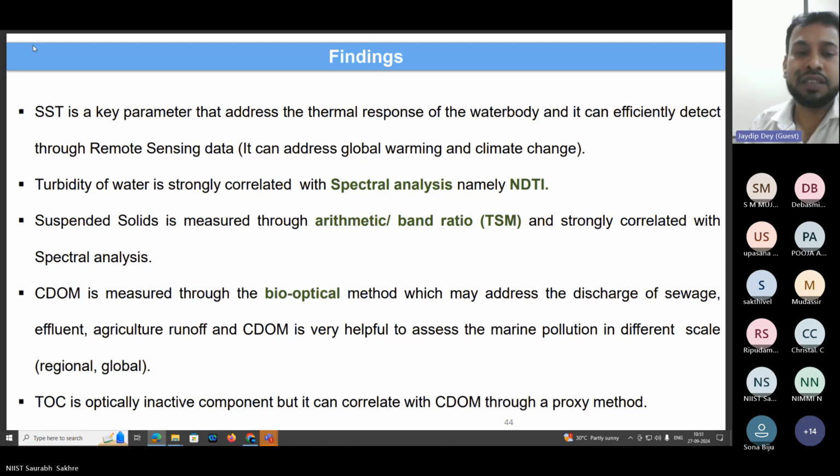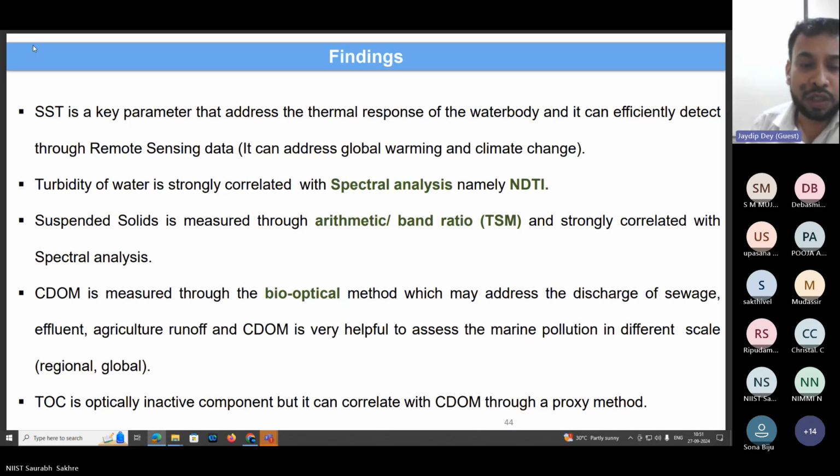Similarly, the concentration of suspended solids in the water column can be detected through an arithmetic approach, that is total suspended matter. CDOM, colored dissolved organic matter, is retrieved through a bio-optical method that addresses the discharge of sewage, industrial effluent, and agricultural runoff, and CDOM is very helpful to assess marine pollution at different scales.